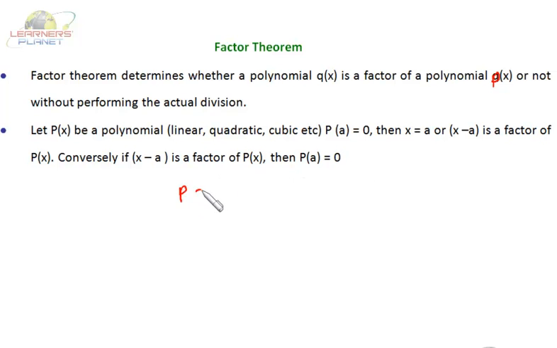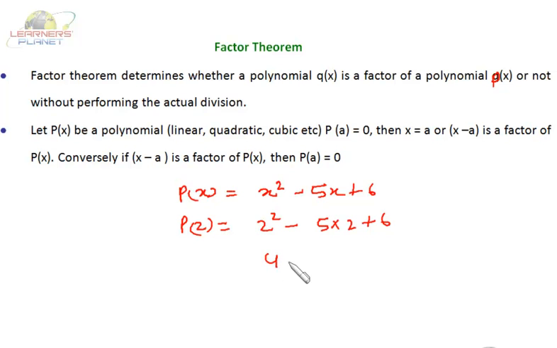I take one example. Suppose I have a polynomial p(x) equal to x square minus 5x plus 6. Now suppose I put the value of x as 2. So p(2) is 2 square minus 5 into 2 plus 6, that is 4 minus 10 plus 6, that is 0.